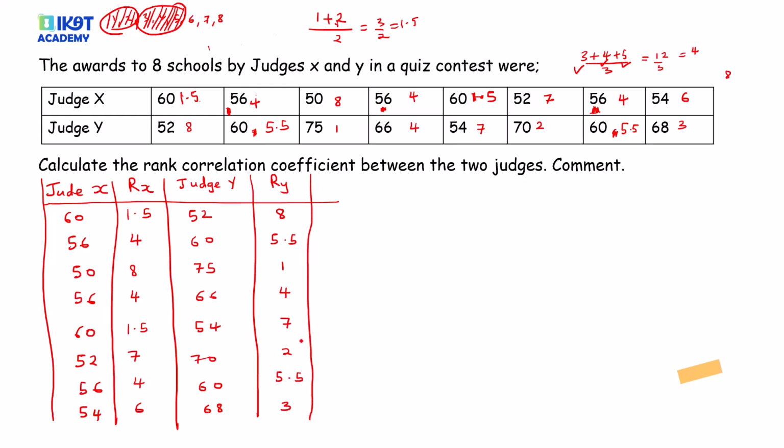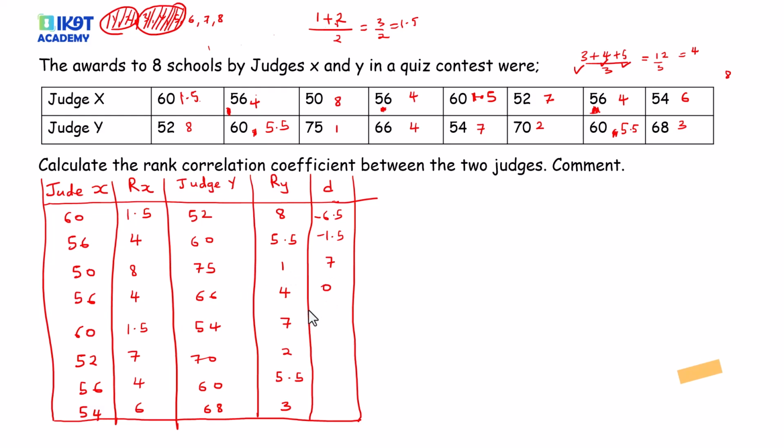Then now we go to the difference between them. So we're going to subtract. 1.5 minus 8, we get negative 6.5. 4 minus 5.5, we get negative 1.5. 8 minus 1, we get 7.